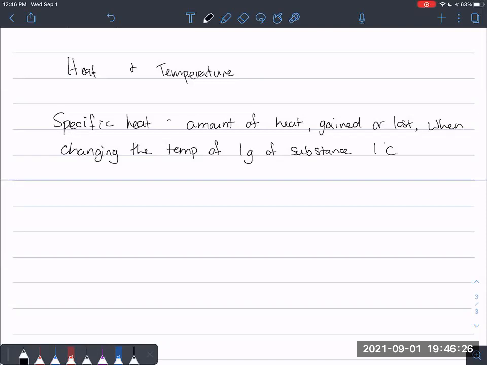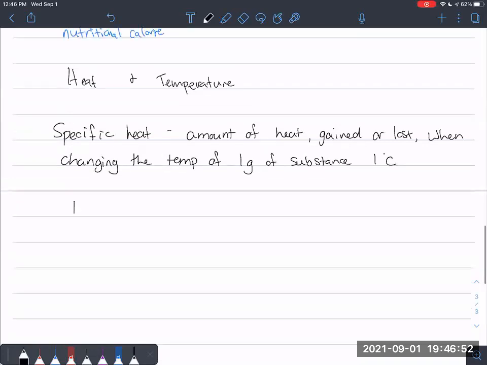And so let's say we were taking that water and the iron from room temperature all the way up to boiling, 100 degrees Celsius. So from 25 degrees Celsius to 100 degrees Celsius.